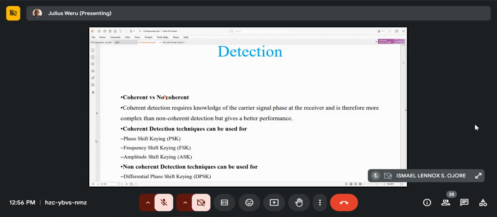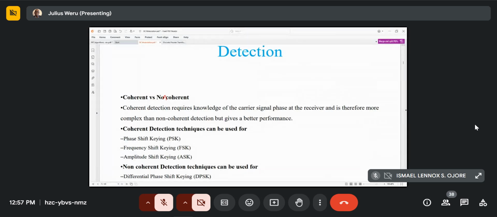Non-coherent is where you don't need knowledge of the carrier phase. Non-coherent is easy to implement, but it doesn't perform as well as coherent in terms of noise. And there are some modulations for which you cannot use non-coherent.